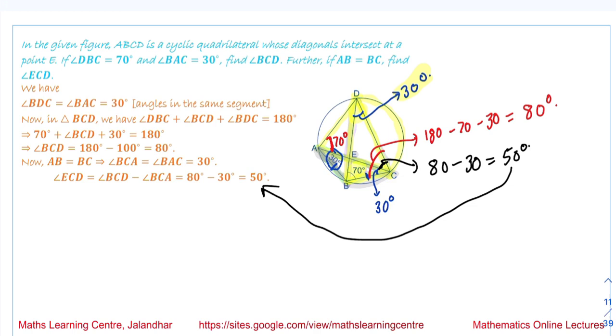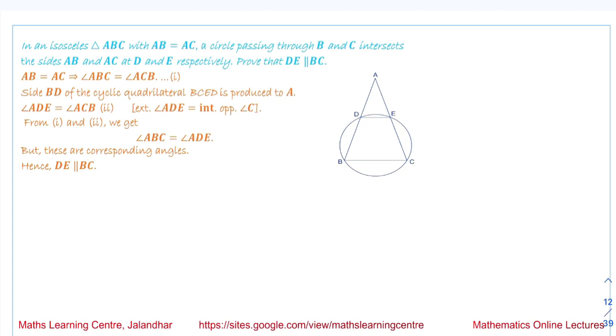In this question we are given an isosceles triangle ABC, and it is given that the sides AB and AC are equal to each other, and a circle passing through the points B and C intersects the side AB at D and AC at the point E. We have to prove that DE is parallel to BC.